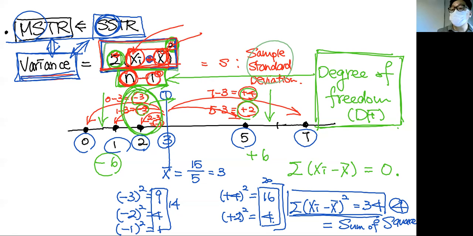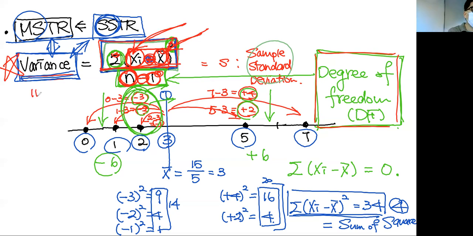Simply, we can define the degree of freedom as how many of the first one and how many of the second one we took the difference of. That will be the degree of freedom. It's very simple.